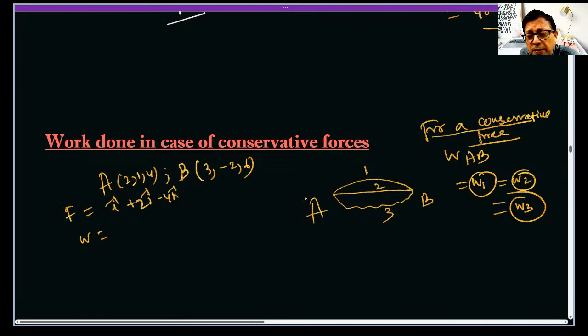How to find the work done? This is for conservative force. What path you have followed, it is not dependent on that. So W will be simply F dot AB.